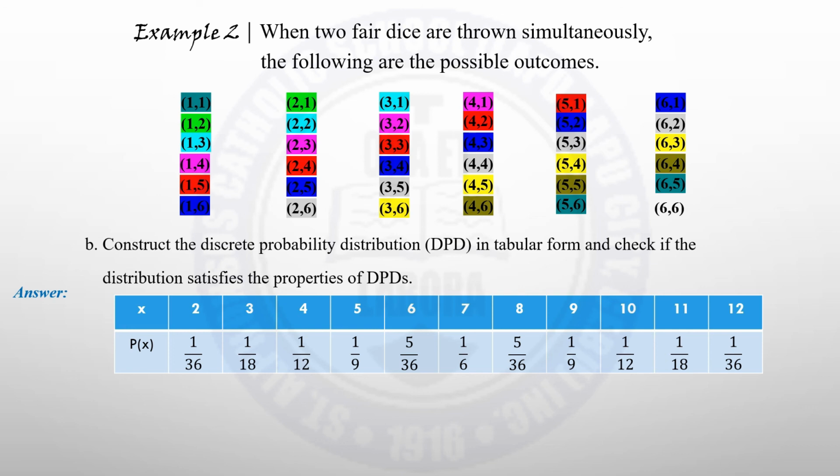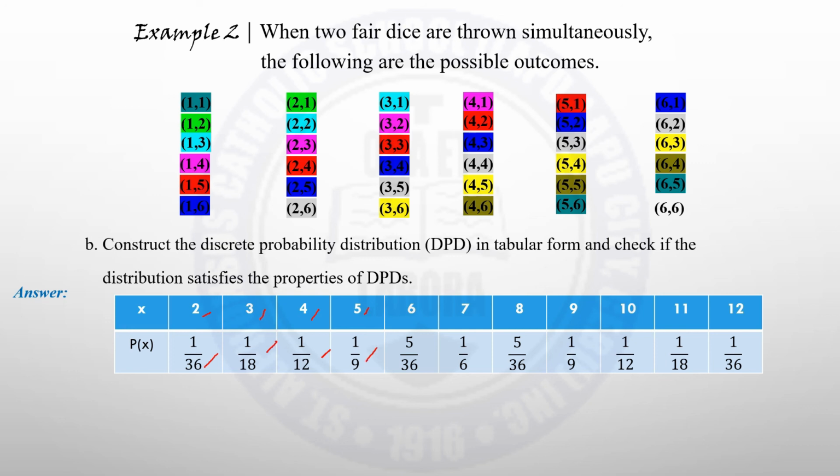The P of x, or the probability of a number whose sum is 2, is equal to 1 over 36. The probability of a number whose sum is 3 is equal to 1 over 18. The probability of a number whose sum is 4 is equal to 1 over 12. The probability of a number whose sum is 5 is equal to 1 over 9.